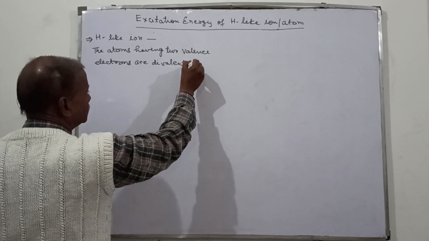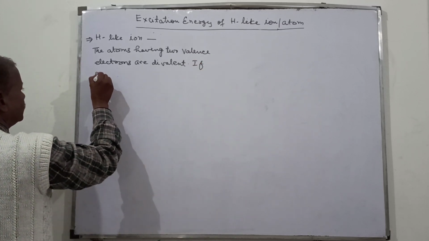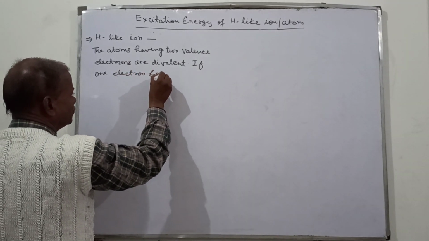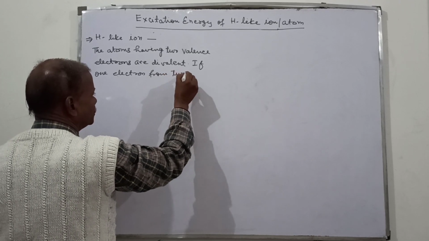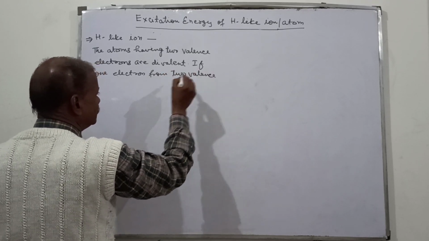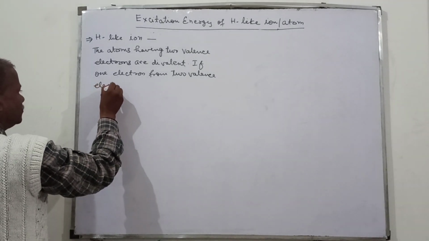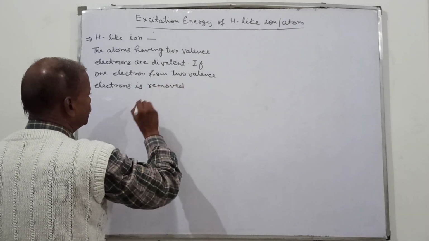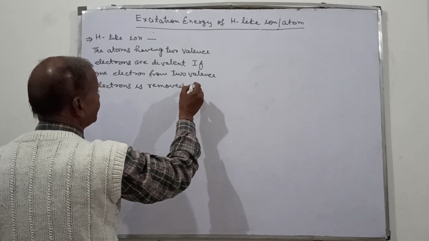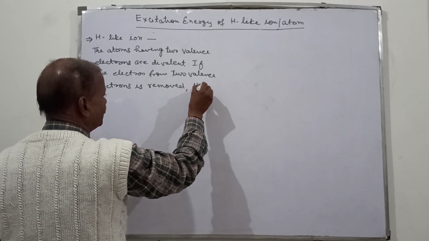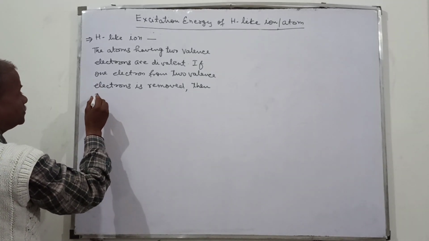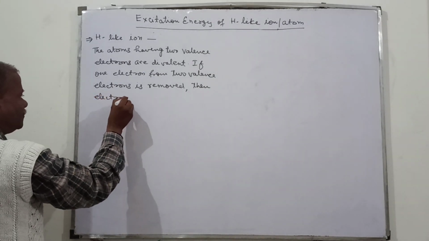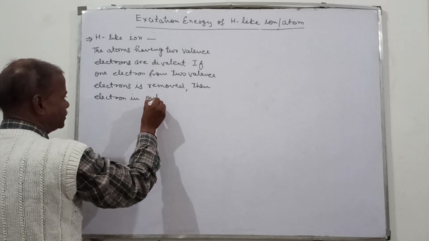If one electron from the 2 valence electrons is removed, then the atom will have one electron in the outermost orbit.